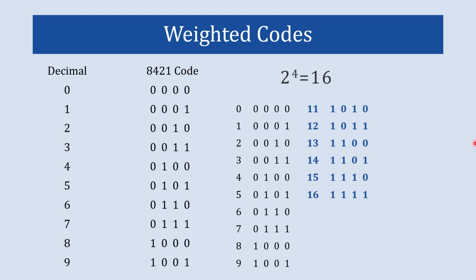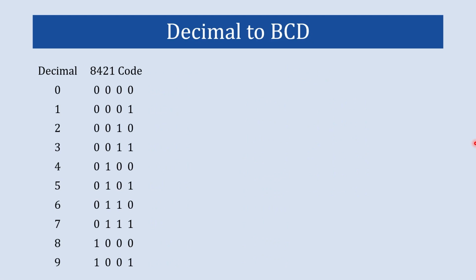So we have seen what BCD code is, where it is used, its types and how it is constructed. Now we'll see different conversions of BCD codes, and first of all we are going to start with decimal to BCD code conversion. Here we have the decimal number 35. We'll start converting this 35 into BCD code.